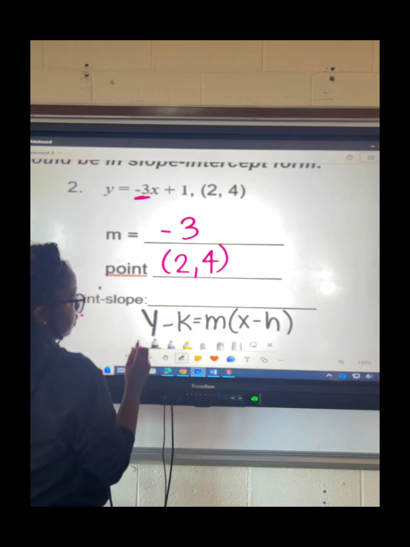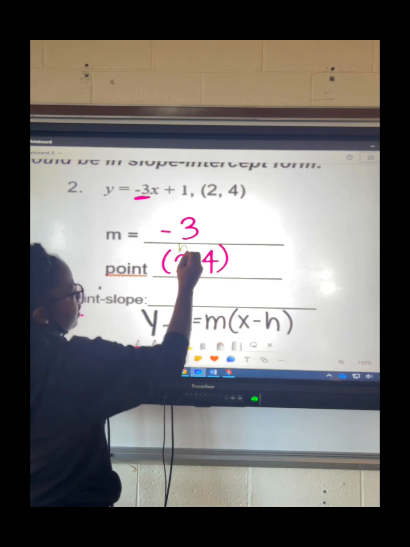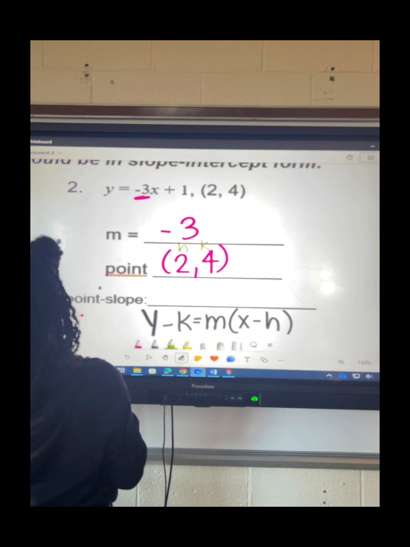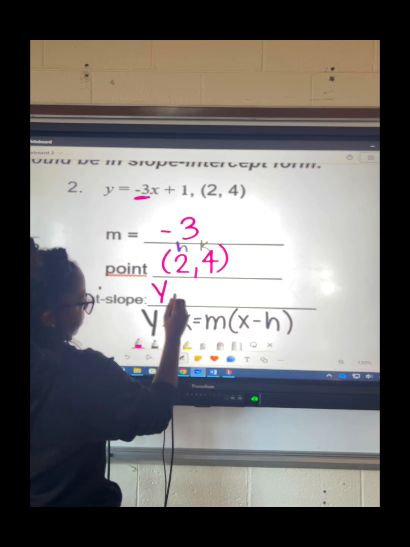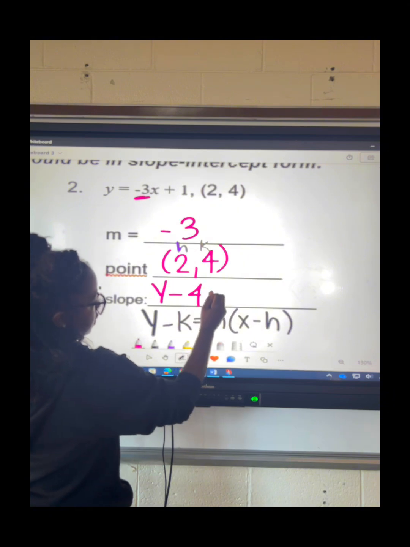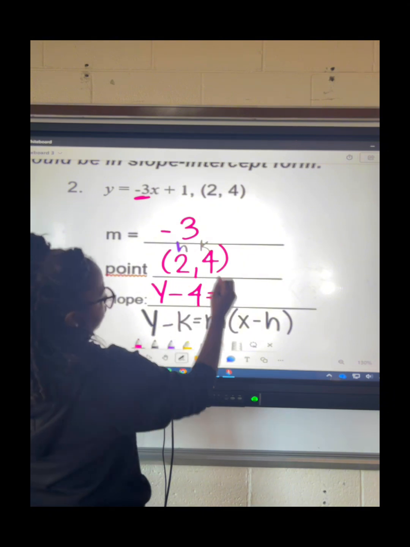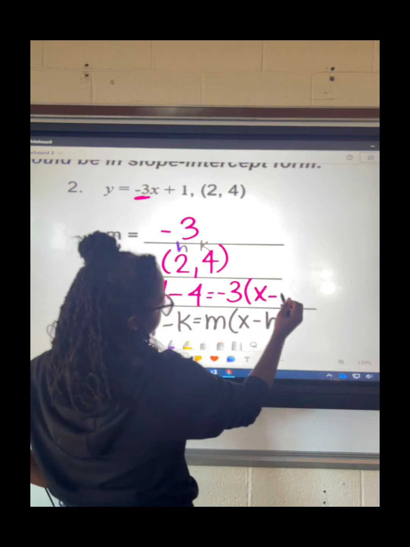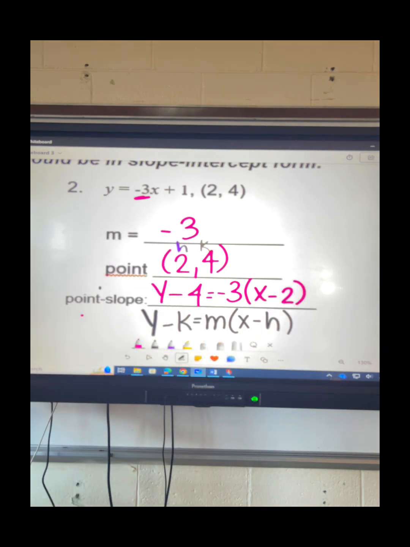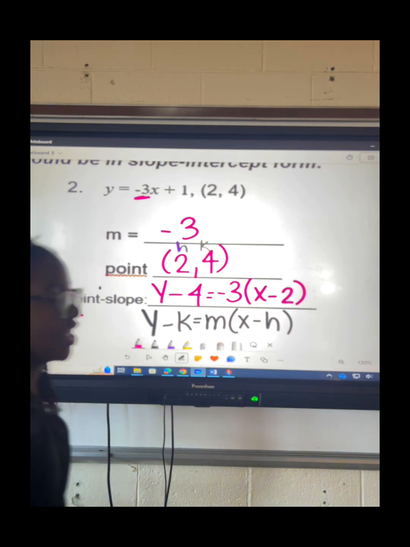Remember the 2, 4, h, k. Y'all see that? Alright, now plug in. Y stays the same. Minus k, 4, equals my slope, -3, x minus 2. That's my parallel line.